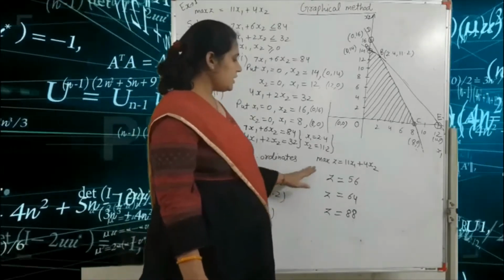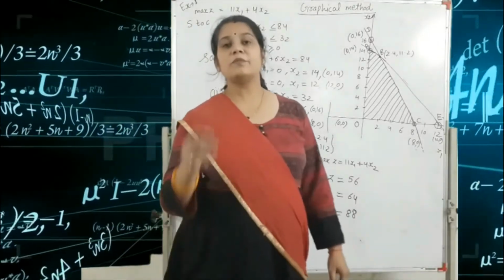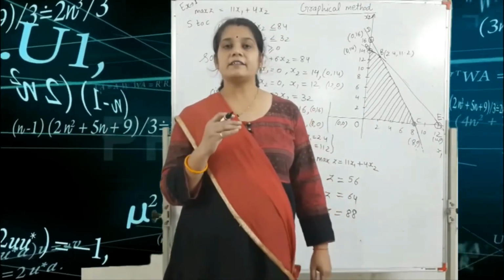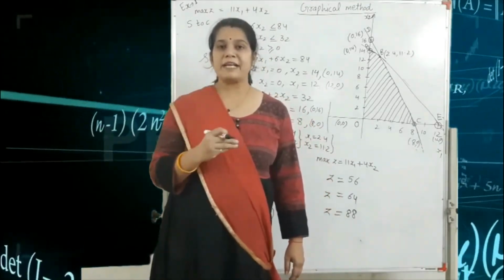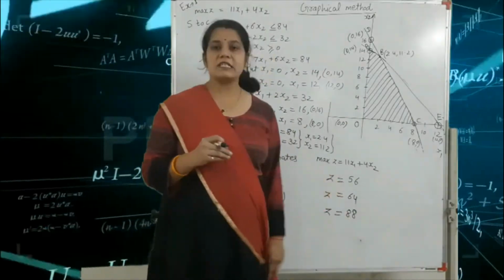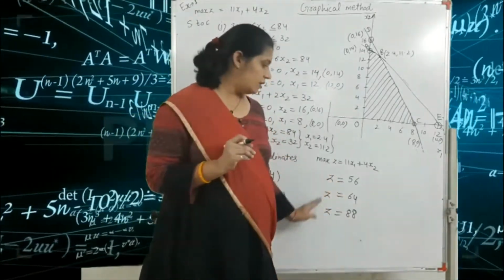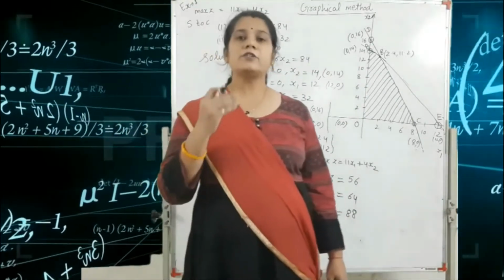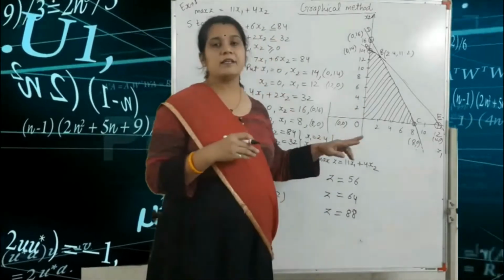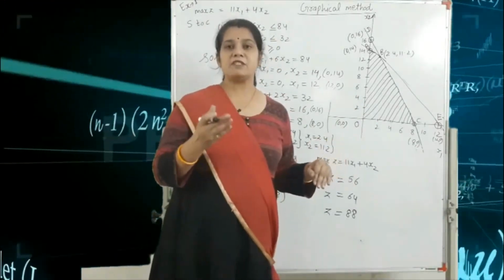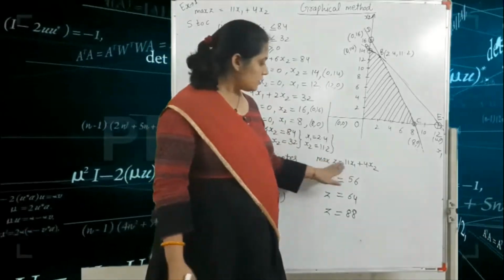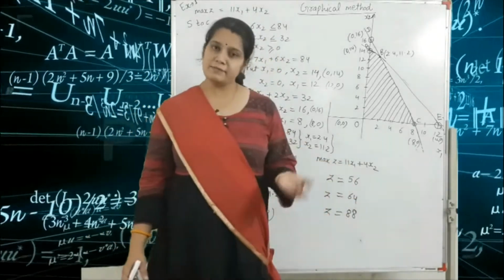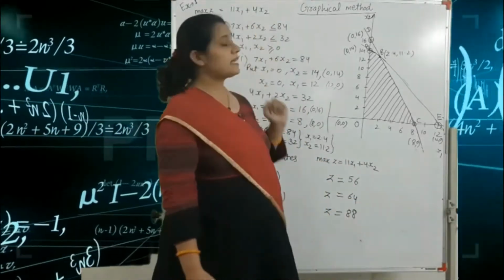Here we consider the maximum value because we are finding the maximized profit. So the largest value is 88, because all these three values give us the feasible solution. So these three solutions are feasible, and we find the maximized z.